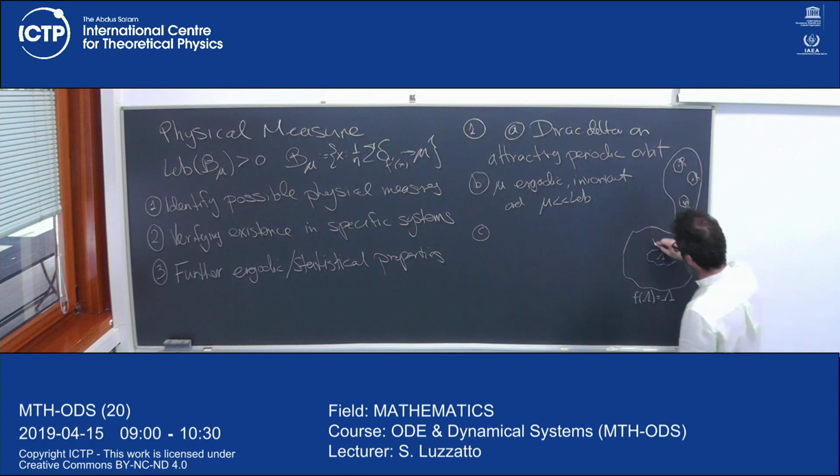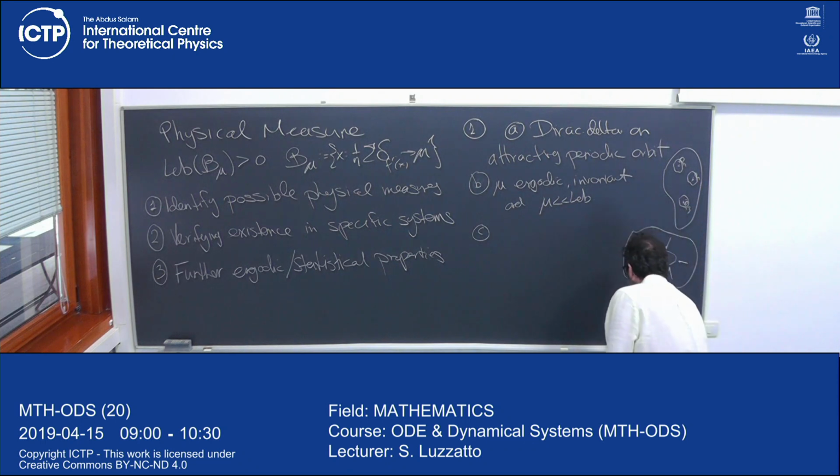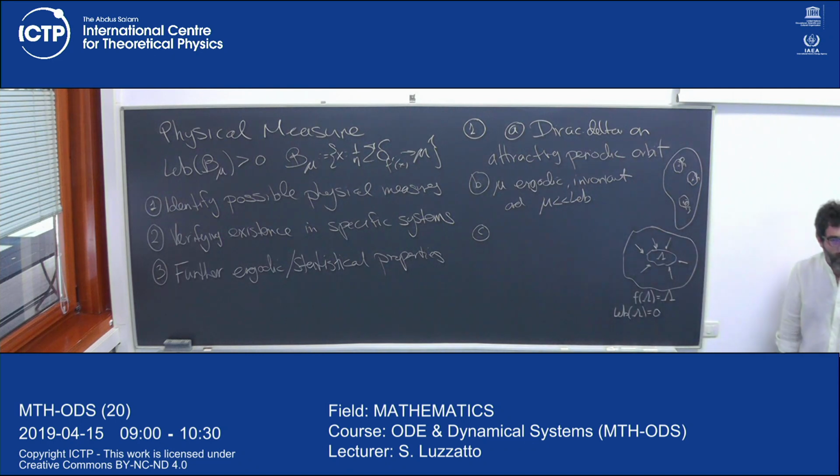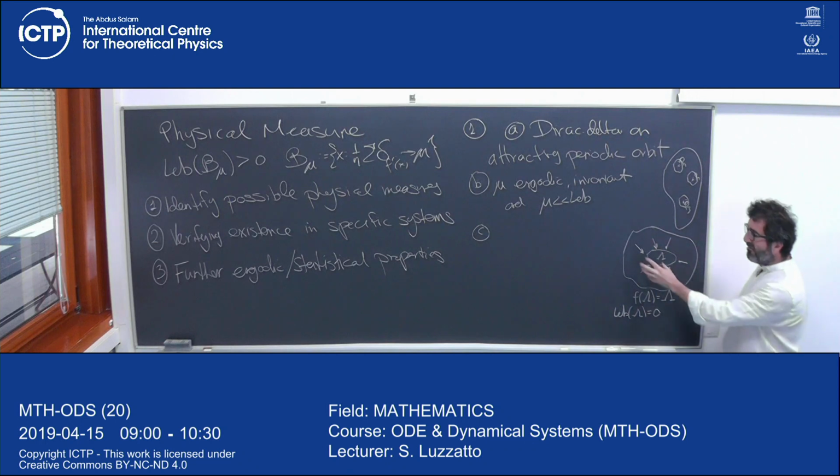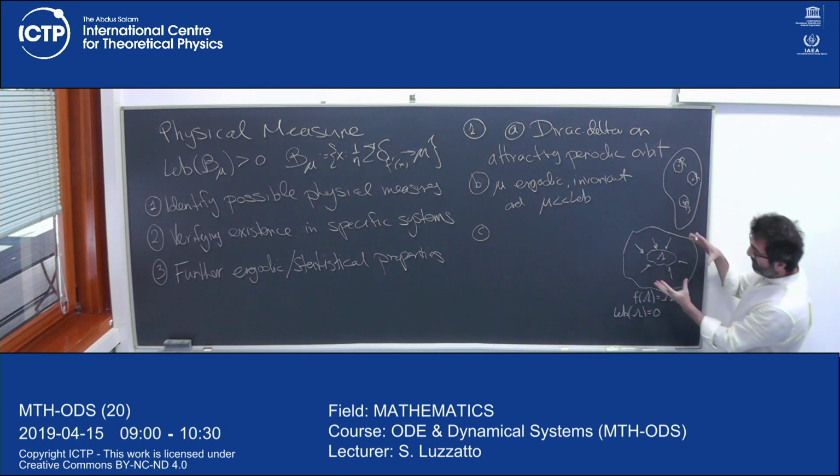And in this case, you may have an attractor, so you may have points converging to this, but the general setting is that in general, Lebesgue of lambda is equal to 0. And any measure, therefore, supported on lambda, any invariant measure has to be living on the attractor, right? Because, as you know, you don't have recurrence.